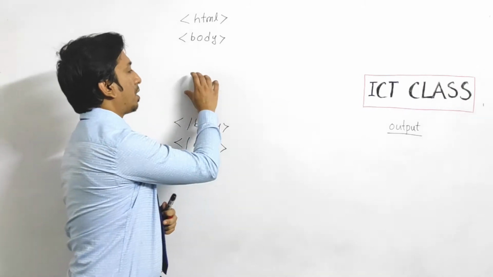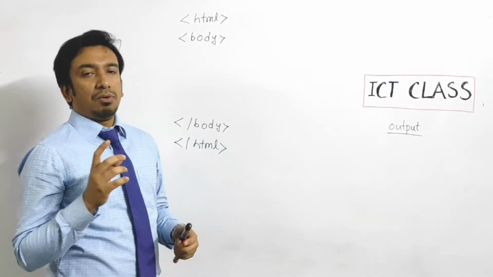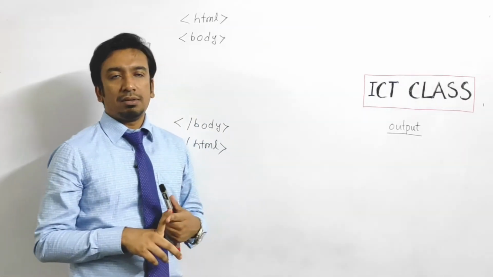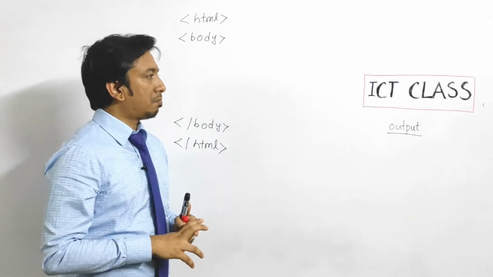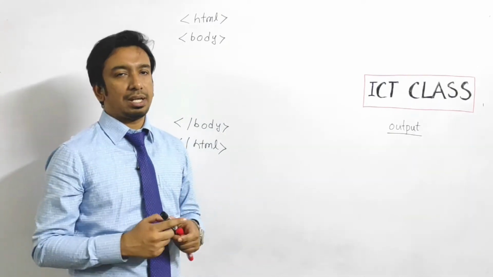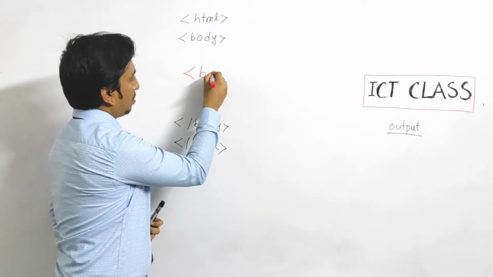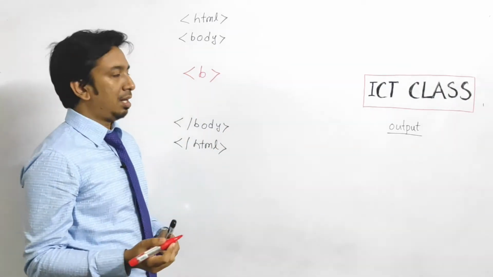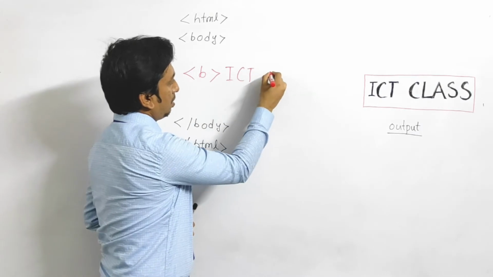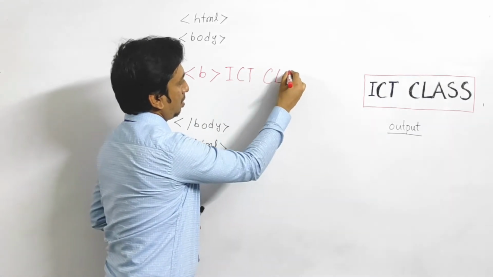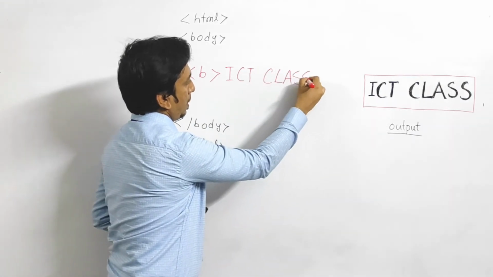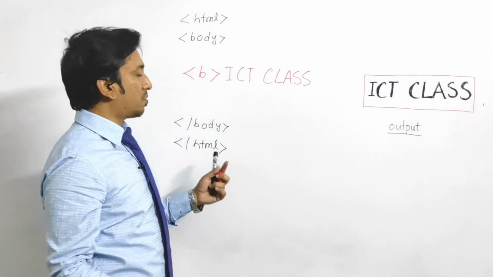Here we have to write ICT class, but we need the bold tag. You know about the bold tag, so you have to use the B tag, right? So just write B, this one is the opening tag, the bold tag, then ICT class, and we have to close the bold tag.